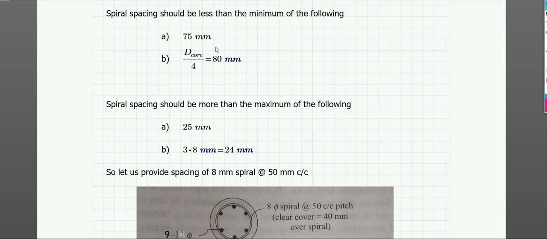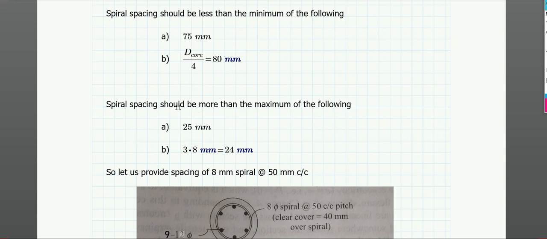Yeah, this should be less, not should not. I told you probably it should not be less, it should actually be less. So that means it is a maximum value, so it should be less than this. So we have 50, so basically 50 is less than both 75 and 80, so it is okay.